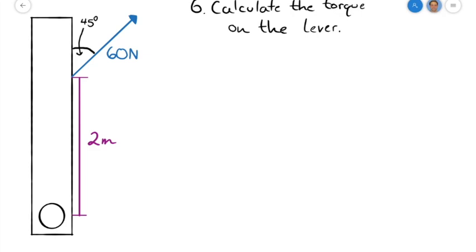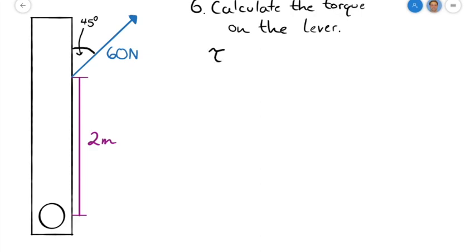So as you've seen now with all of the other level 2 problems we've done, we've had to engage with a force that's not perpendicular to the direction of the lever. So we've had to modify or be a little more adaptive.